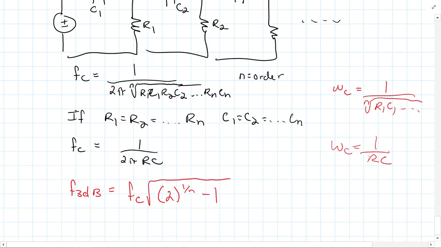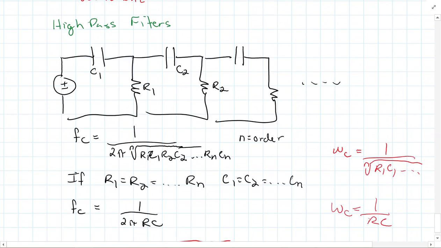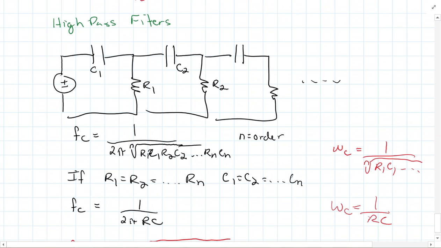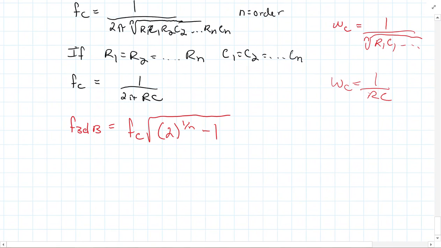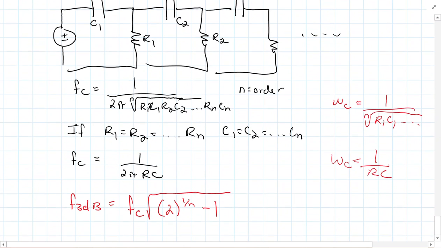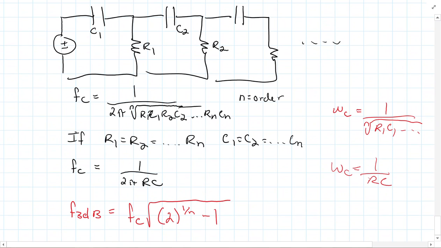So same formulas, because all we're literally doing is flipping components here. So that's all there is to talk about high-pass filters. I'm not even going to do an example. You just have to be able to identify by looking at the circuit whether it's a high-pass or low-pass filter, or by looking at the transfer function.